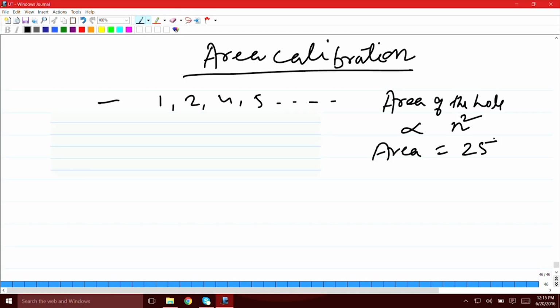Actually, these numbers are given in accordance with the diameter of the holes in terms of 1/64th of an inch. For example, if the number is 1, then the diameter would be 1/64th inch or 0.4 mm.